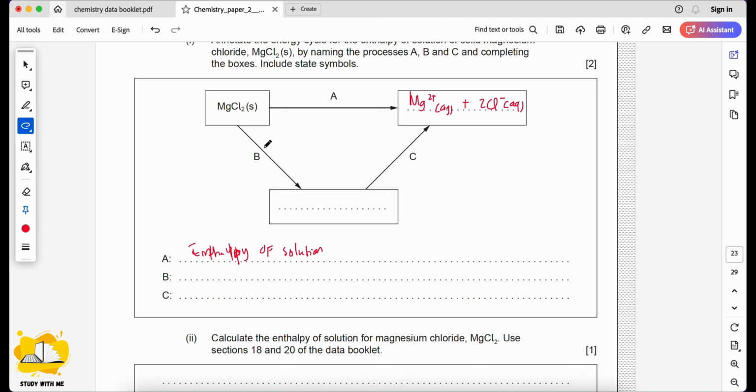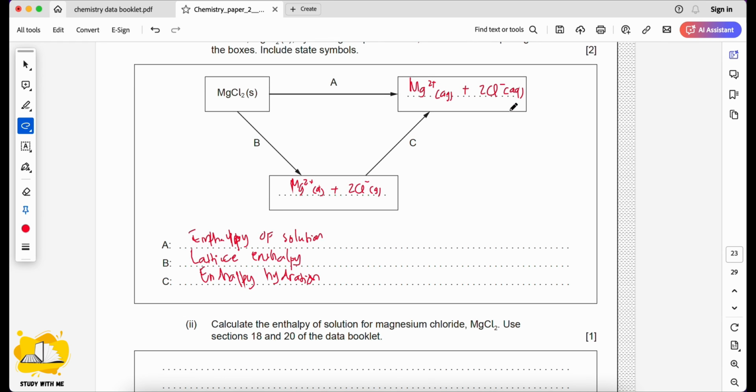And through process B, lattice enthalpy, will produce Mg2+ gaseous and 2Cl- gaseous ions. And these two, through enthalpy of hydration, will produce Mg2+ aqueous and 2Cl- aqueous.